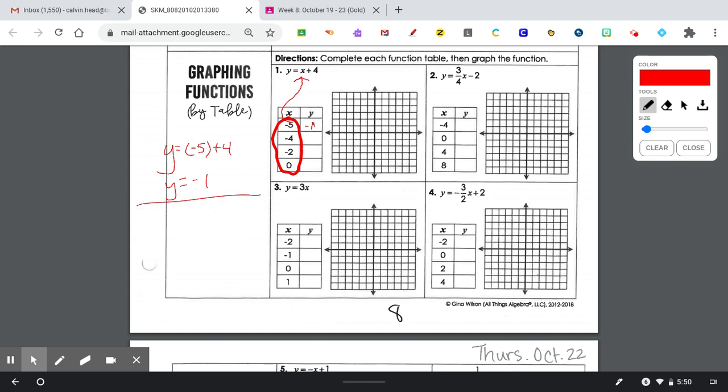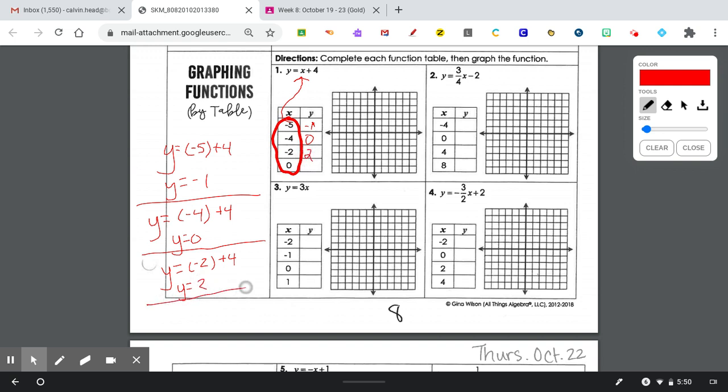So if we did that again, we would do y equals -4 plus 4. Well, -4 plus 4, y equals 0. So as you see, I'm just inputting those in there. Y equals -2 plus 4, and that is 2.